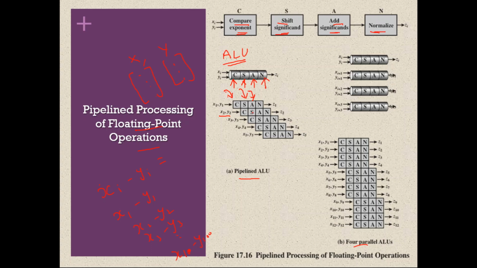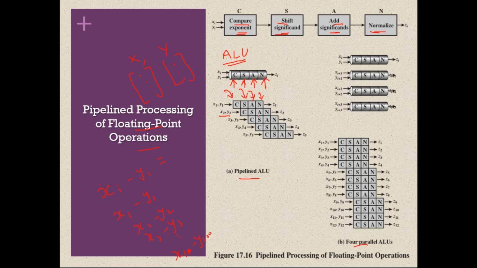During the third clock cycle, x2 and y2 can use the shift stage, as it is now free. Similarly, during the fourth clock cycle, x1 and y1 leave the add stage and go into the normalize stage. During the fourth clock cycle, x2 and y2 can use the add stage, and so on.